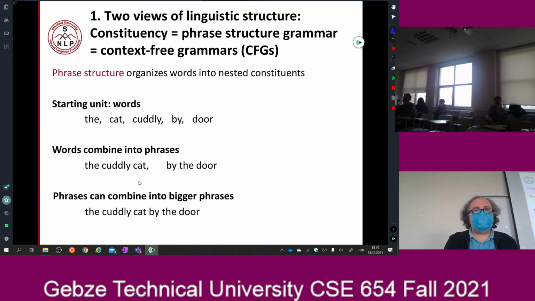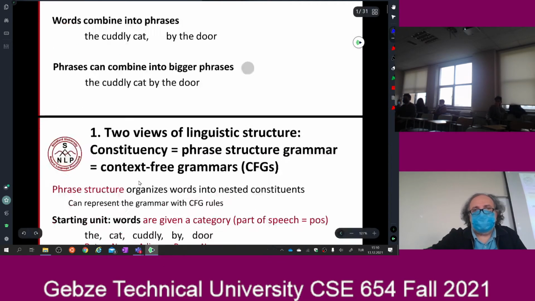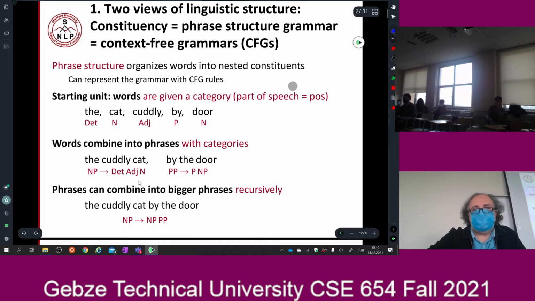Okay, with the context-free grammars, this was the idea. We start with the words, and we group them into constituencies. And when you combine them all together, you come up with the whole sentences, or bigger phrases like the cuddly cat by the door. Okay, that's what we did.